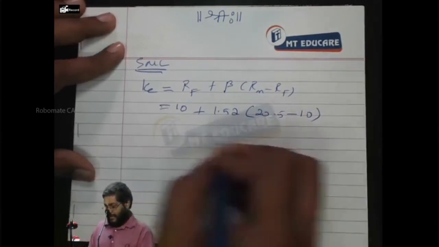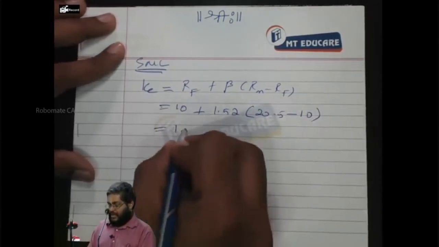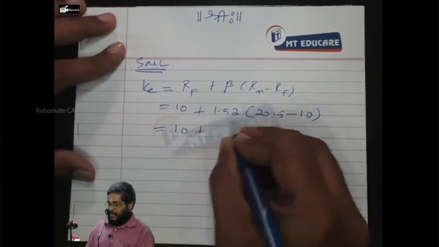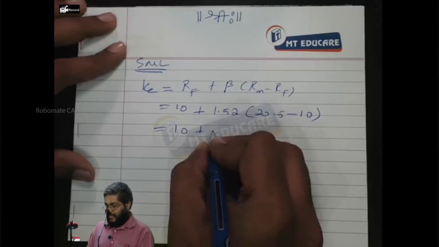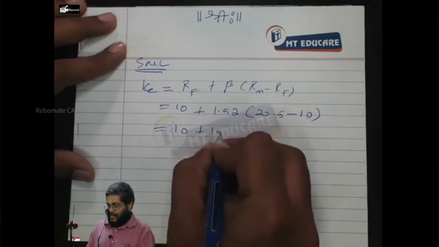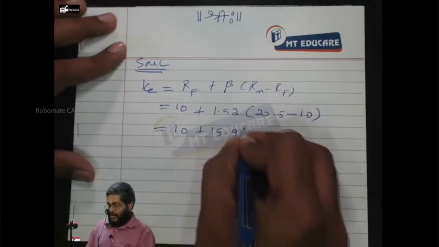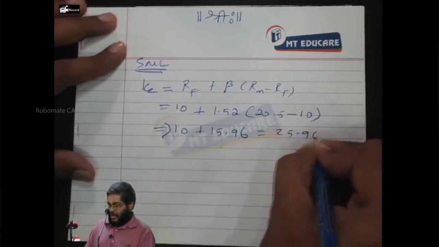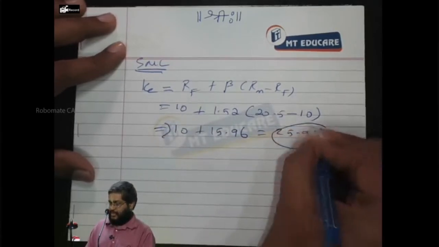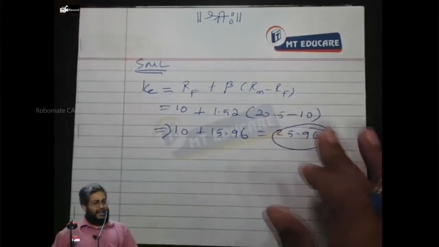So it is 10 plus 1.52 into 10.5. What is the number here? 15.96. So the total is 25.96. Now we can come to CML later.